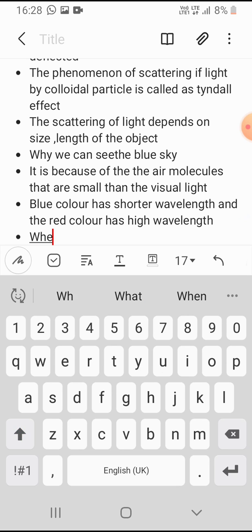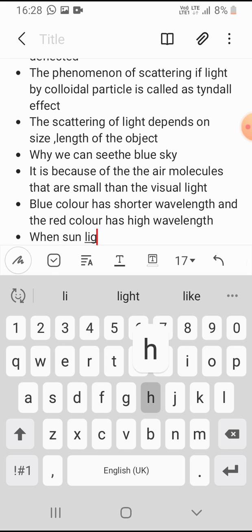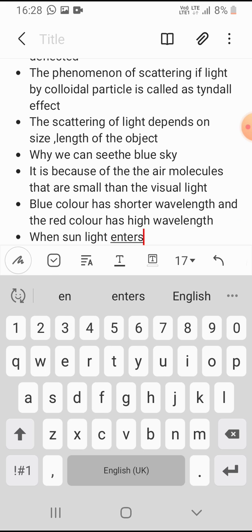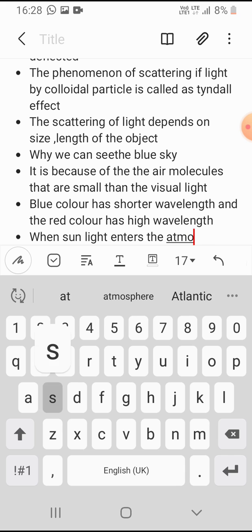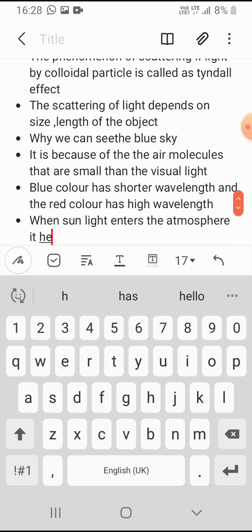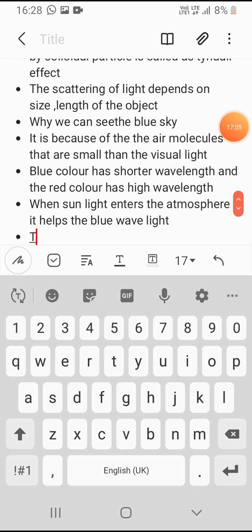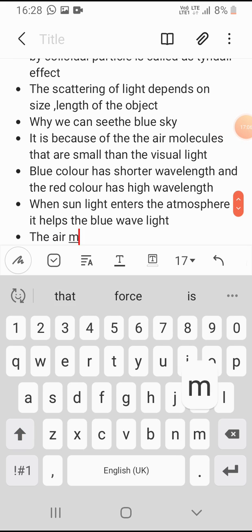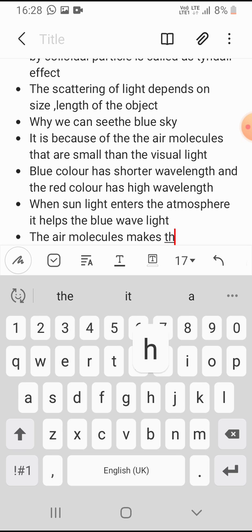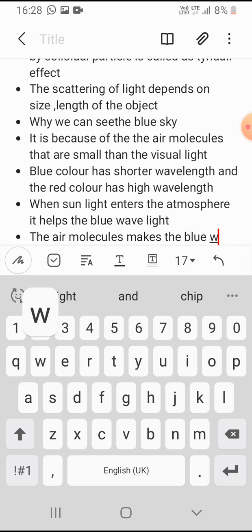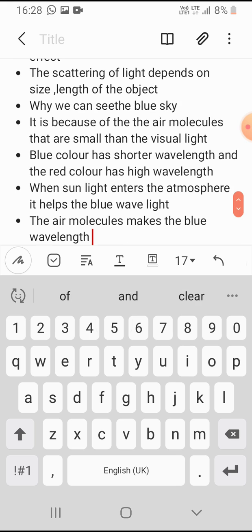When sunlight enters the atmosphere, it helps the blue wavelength to come. The air molecules I mentioned make the blue wavelength enter our eye.